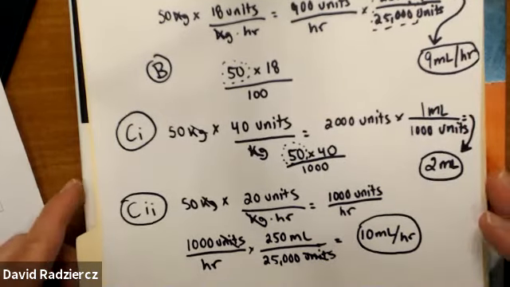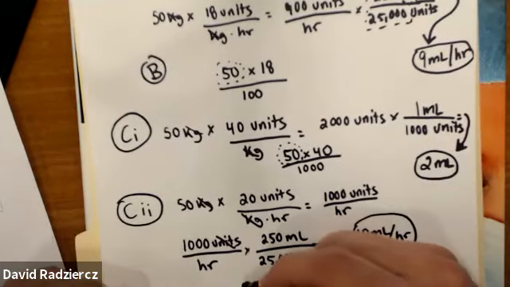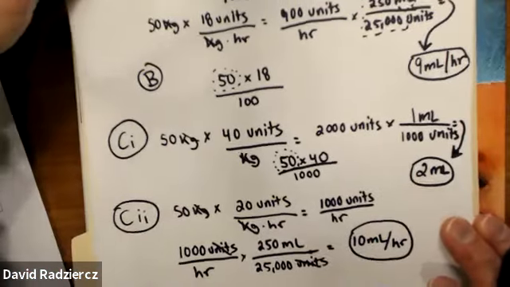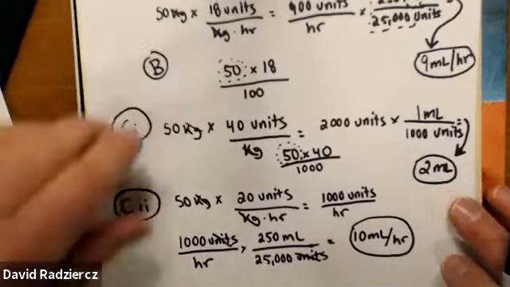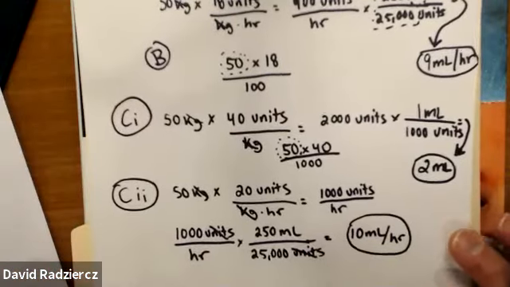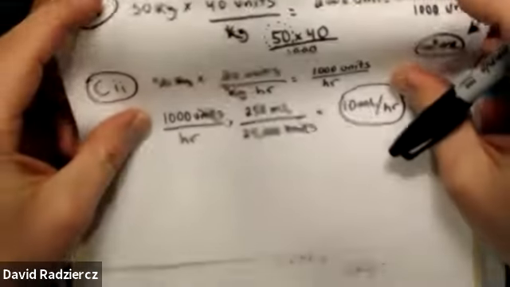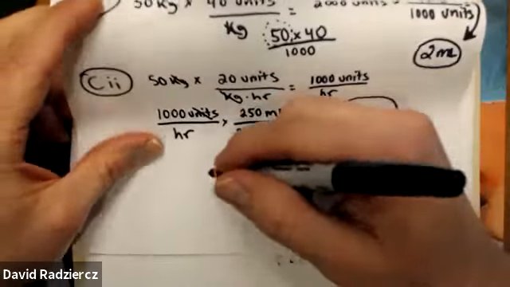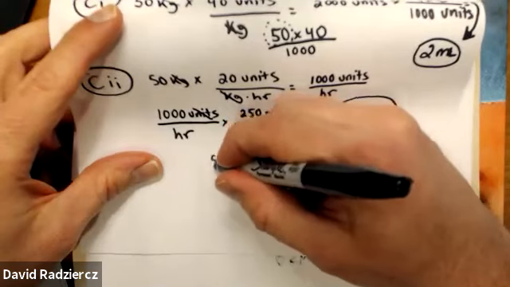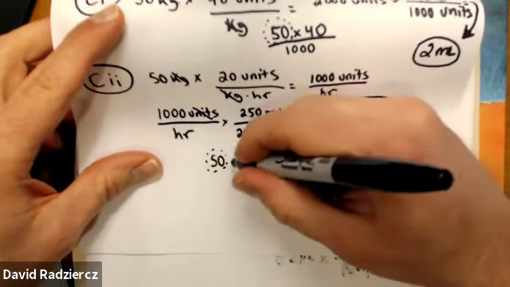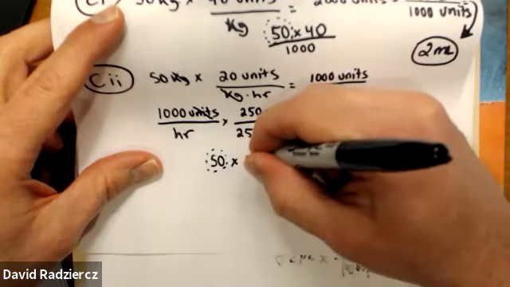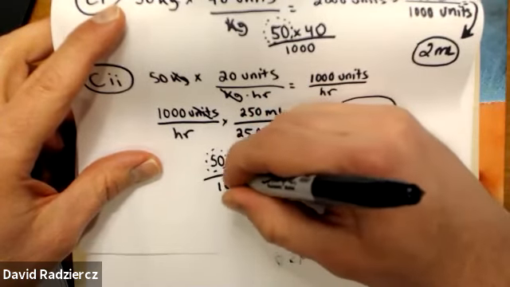And then the last one here would be, again, the patient's weight, which will change. So 50 kilograms times 20 divided by 100.